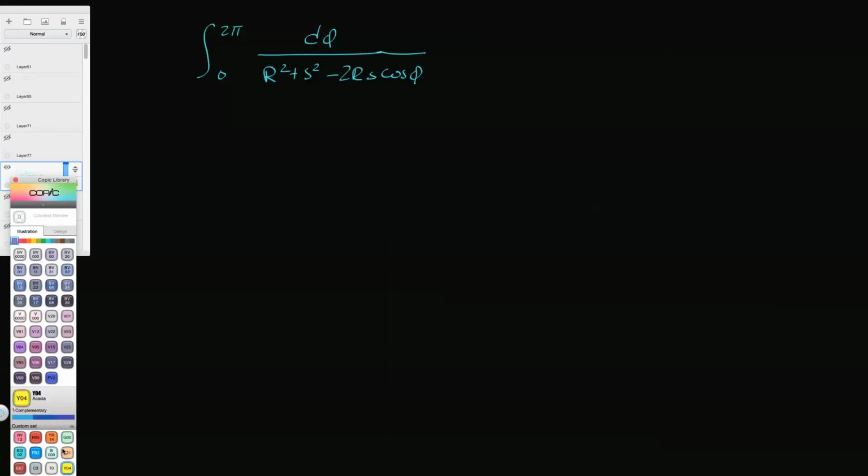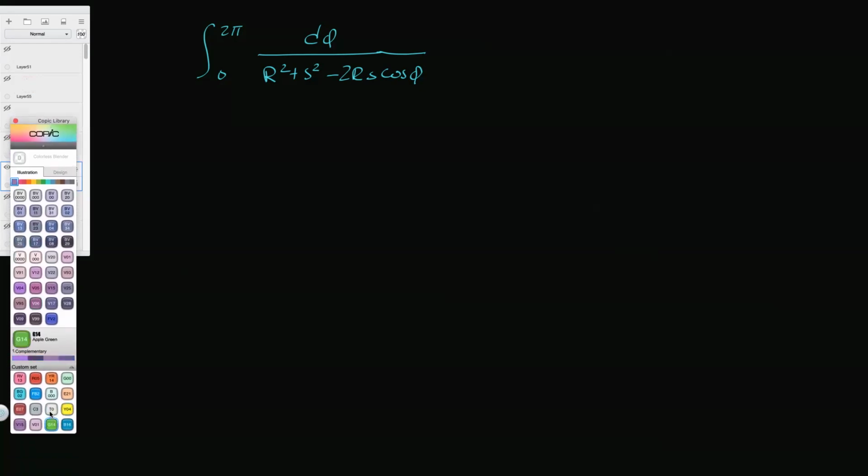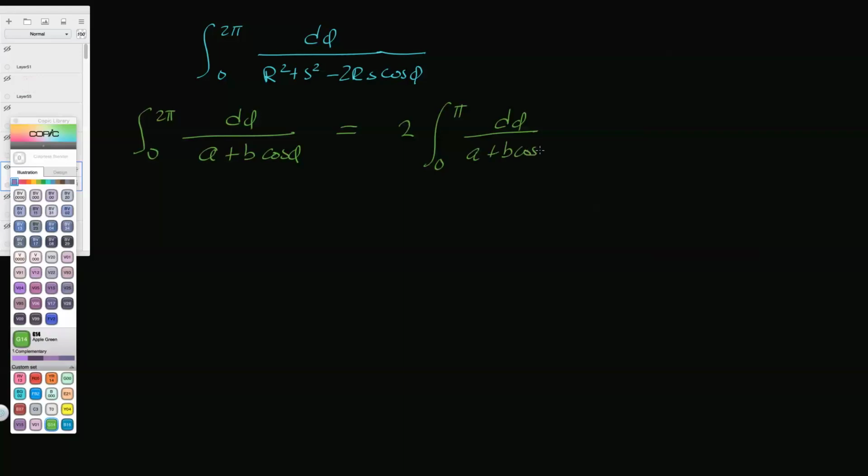Let's look at the integral 0 to 2 pi d phi over a plus b cosine phi. This is easily looked up. We can rewrite it one more time as 2 times the integral from 0 to pi, because cosine is an even function, d phi over a plus b cosine phi.